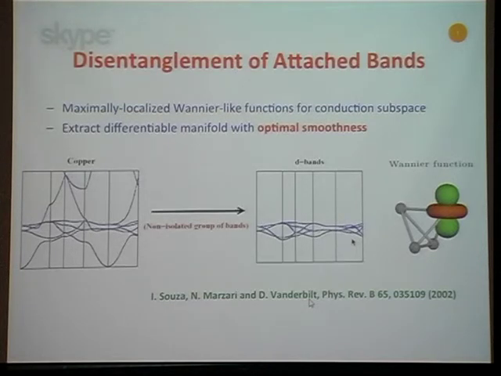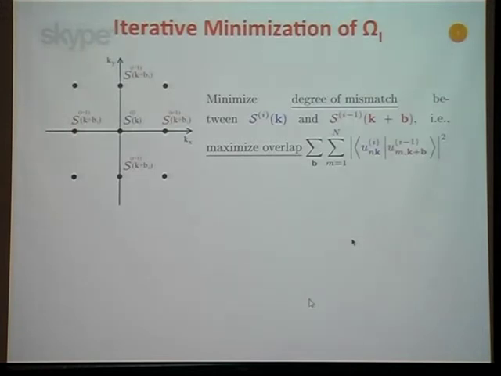And the mathematics of this is this. Basically, we define S as a linear combination of whatever. We start with 8, 9, 10 bands, and we mix them all together, and we obtain a manifold of dimension 5 that is my target. So 8, 9, 10 is my input, 5 is my target.